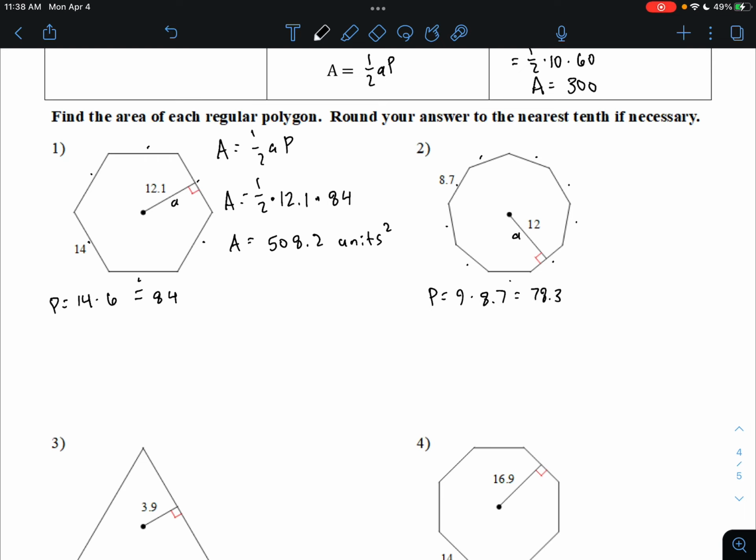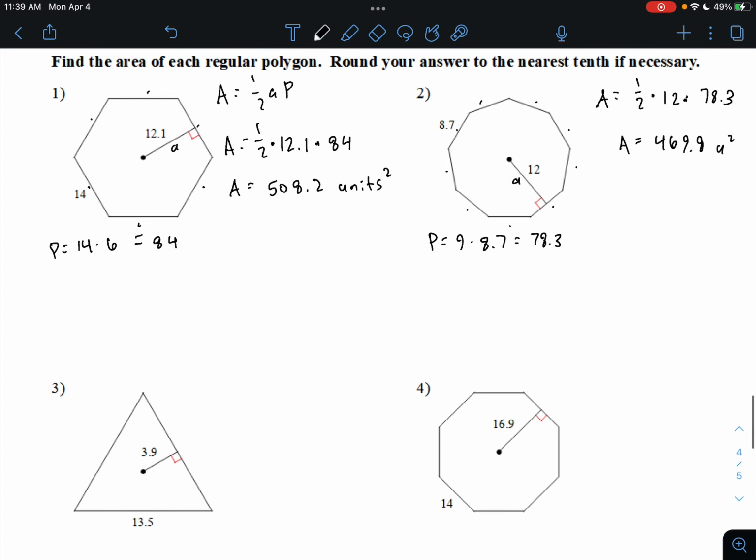Our apothem is 12, so area equals 1/2 times our apothem, which is 12, times our perimeter, which is 78.3. We'll plug those into the calculator and we'll get our answer. We get the area is about 469.8. That's units squared.